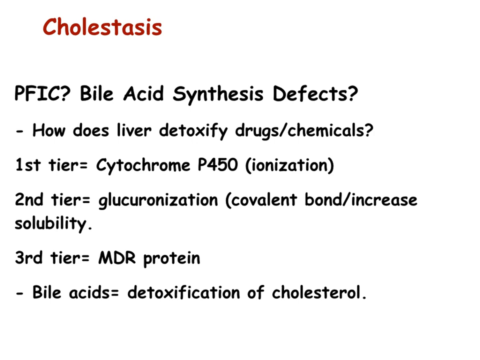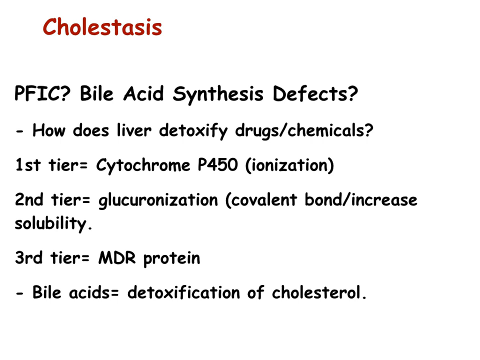The first tier is through the cytochrome P450 family, and this is for ionization and rendering the chemical water soluble. The second tier is intended for the covalent or organically binding chemicals, and this glucuronization is the second tier. It occurs through glucuronyl transferase.